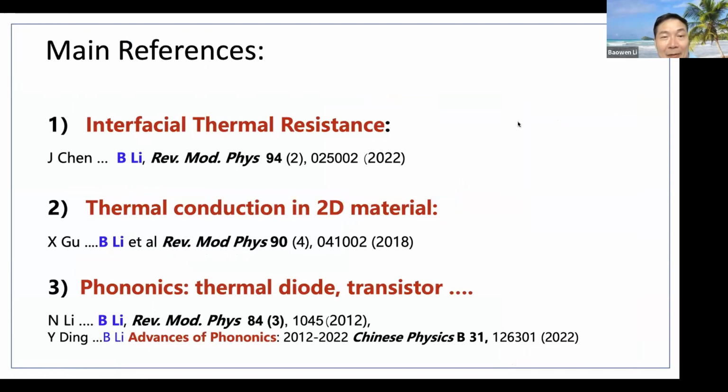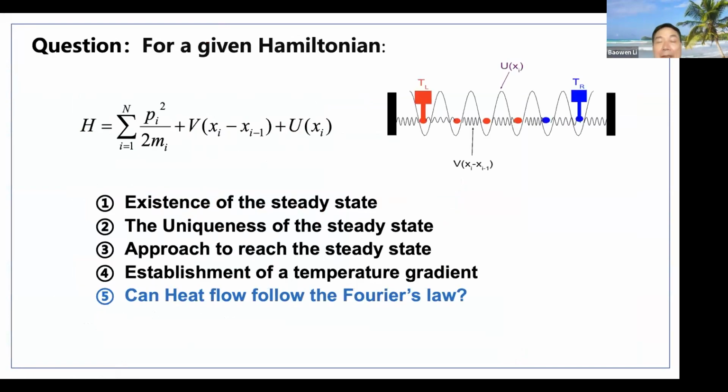Some of the work I will report here is summarized in several recent articles. The interfacial thermal resistance work was published last year, in 2022, and the thermal conduction in 2D materials was published in 2018. In my talk, I have some new results since 2018, including, for example, twisted bilayer graphene.